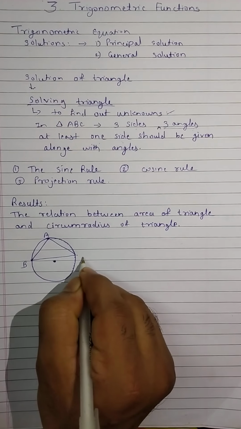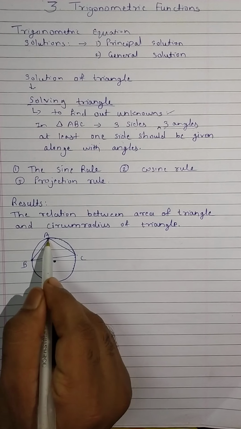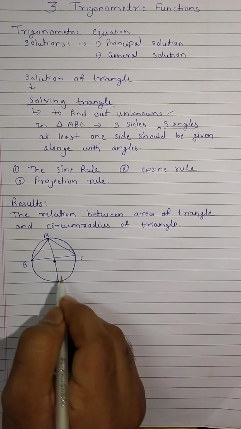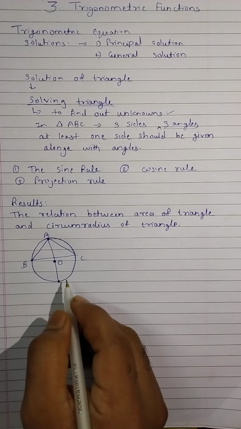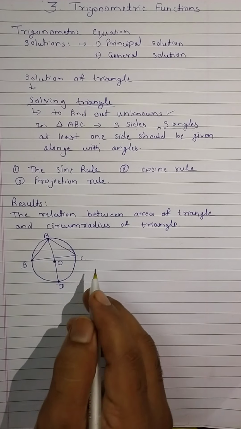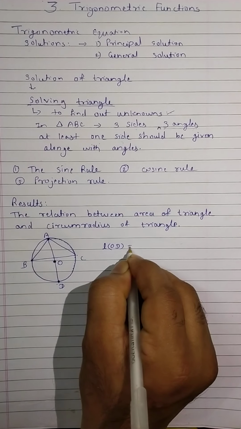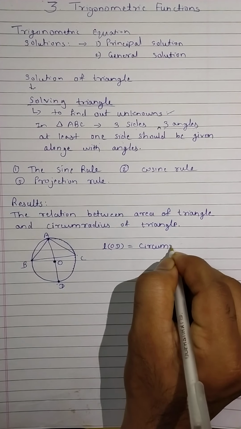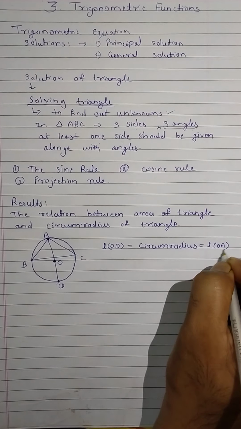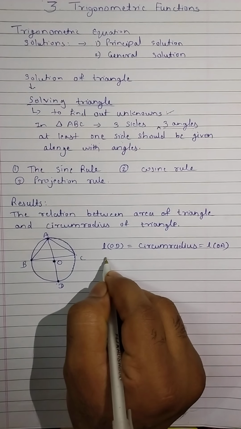We'll name the points A, B, C. Now, if we draw a diameter through vertex A, the diameter obviously passing through the center of the circle, then this radius OA is the circumradius, the length OA.